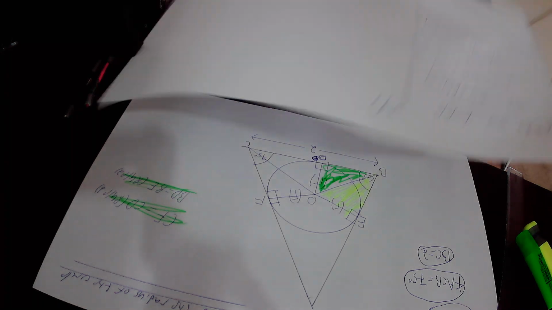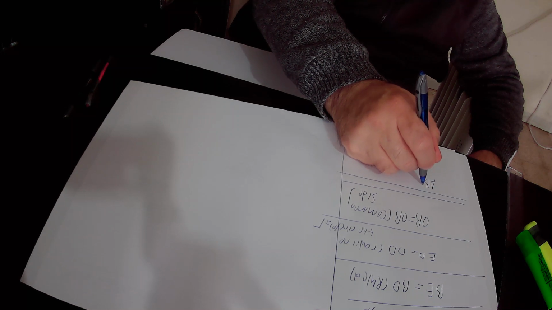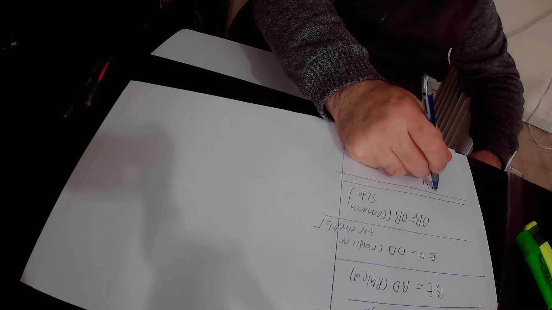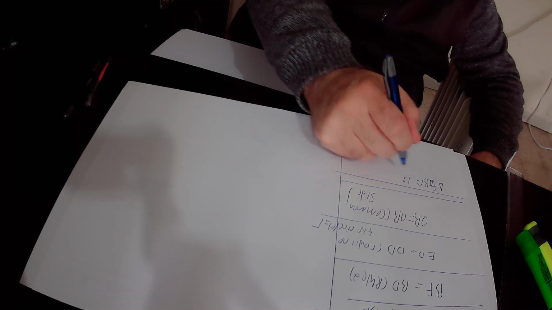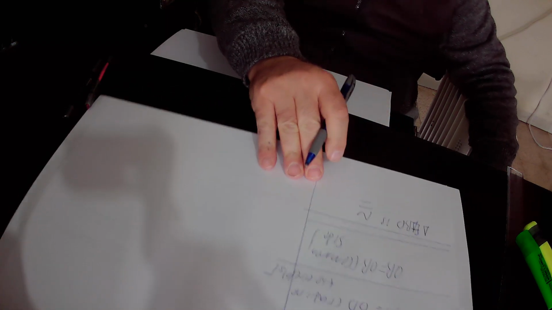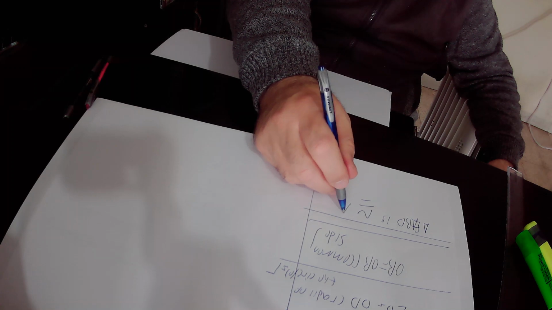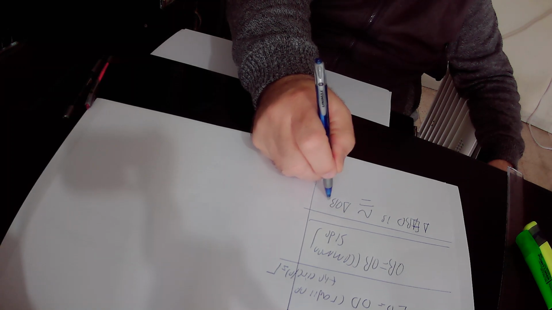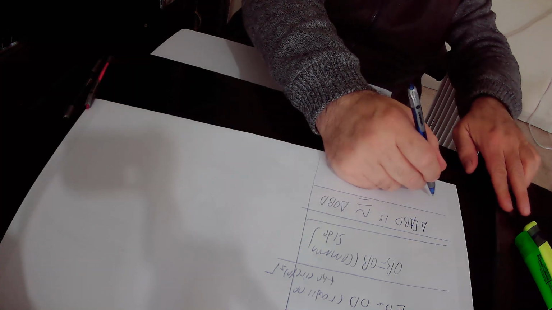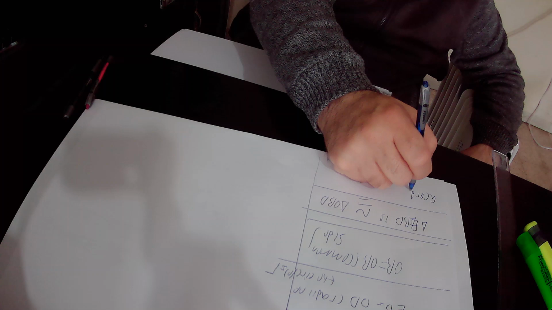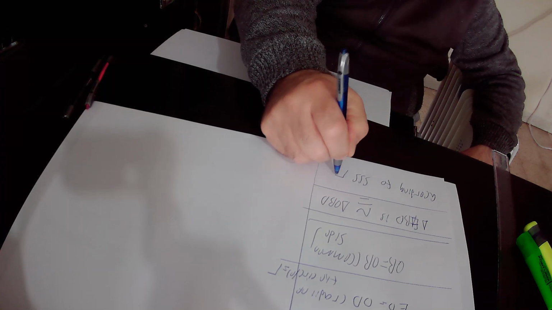So write it down. The yellow triangle EBO is congruent, this is the sign of congruent, to the green right triangle OBD, according to the side rule.